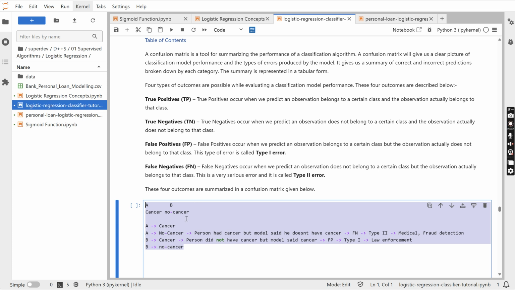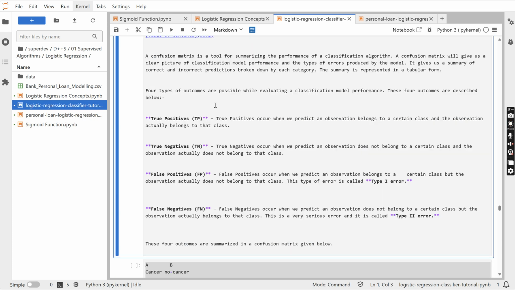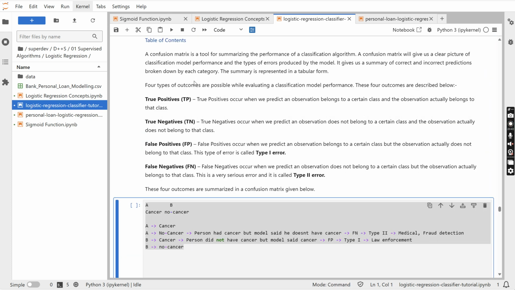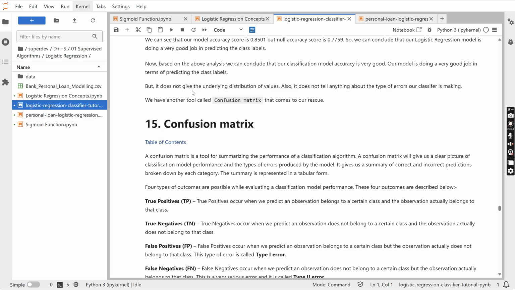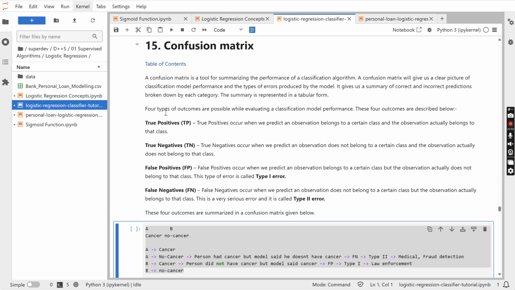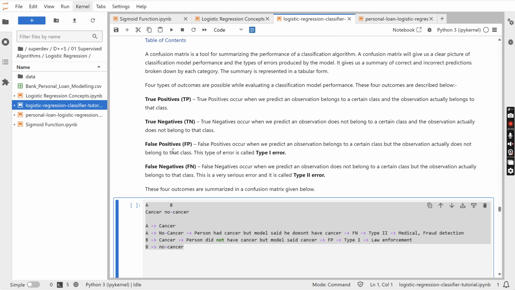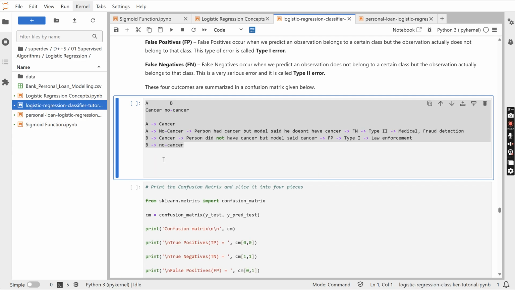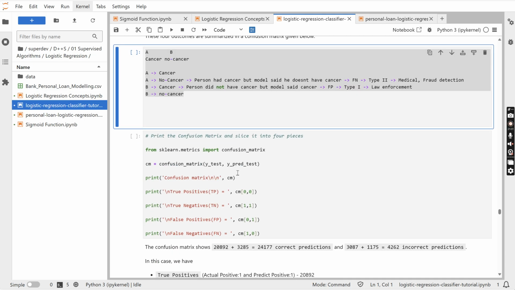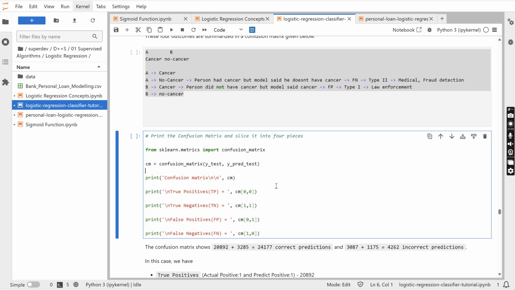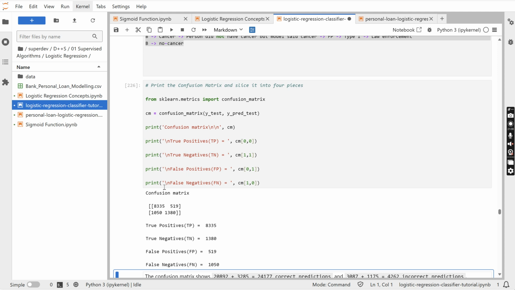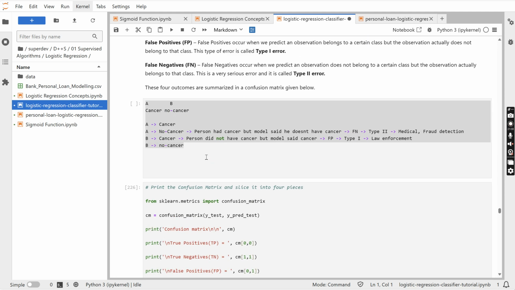Next, what a confusion matrix does is, it is just yet another detailed way of calculating the model results by making use of these four different components. Now again, there is another catch. When you are using a confusion matrix, let's say I'm going to calculate the confusion matrix values here.